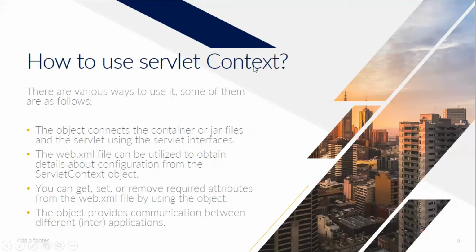How to use Servlet Context. There are various ways to use it. Some of them are below. The object connects the container or jar files and servlet using the servlet interfaces. The web.xml file can be utilized to obtain details about configuration from the servlet context object.